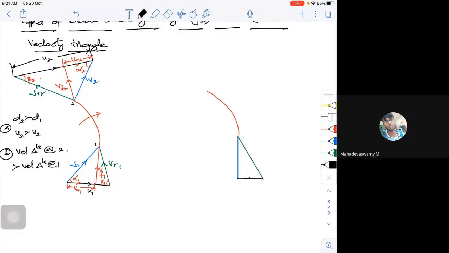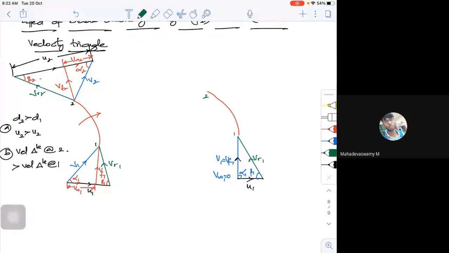This is my U1, this is my V1, which is equal to VF1 because my VW1 is equal to 0. This is my alpha 1 equal to 90 degrees. This is my beta 1 and this is my VR1. This is at inlet 1, this is outlet 2.